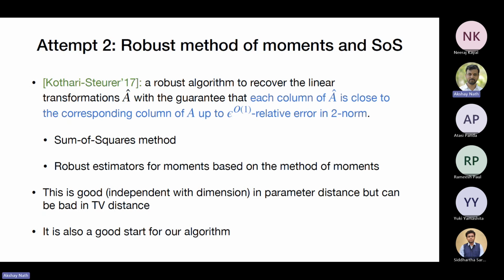And the error guarantee of this algorithm is that each column of A hat is close to the corresponding column of A, up to poly epsilon relative error in the norm. So it says that we can learn each column or each row of A within poly epsilon.